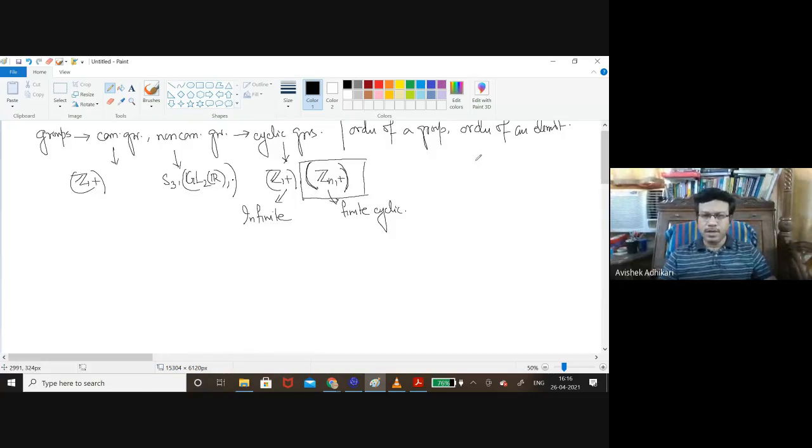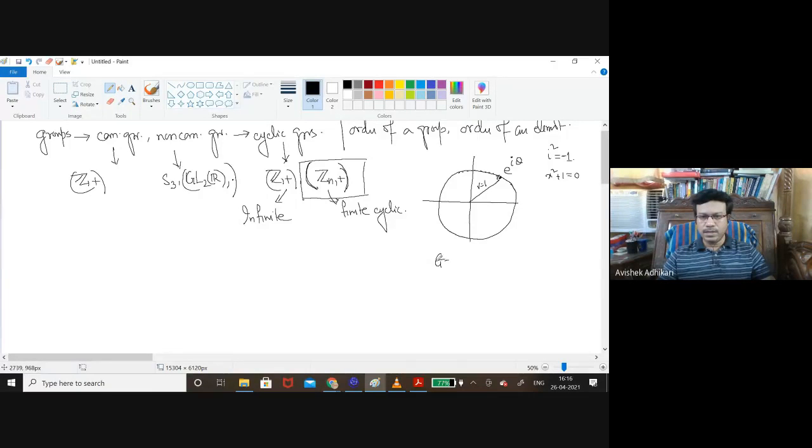For example, in my last class, I also discussed S1, which is related to complex numbers: all points on the circle whose radius is 1. Any element looks like e to the power i theta, where i is the root of the polynomial, so i squared equals minus 1.